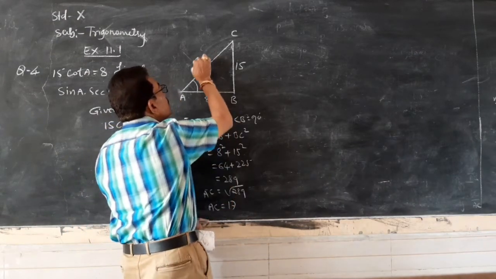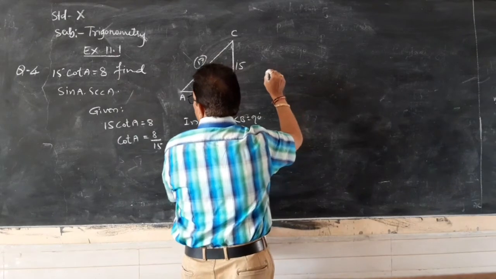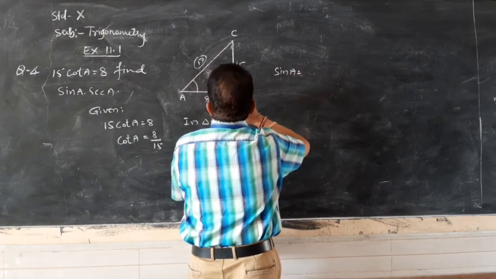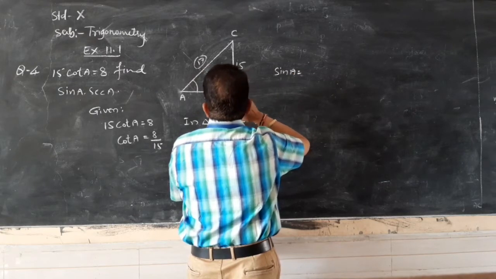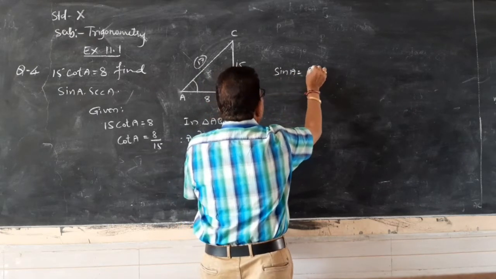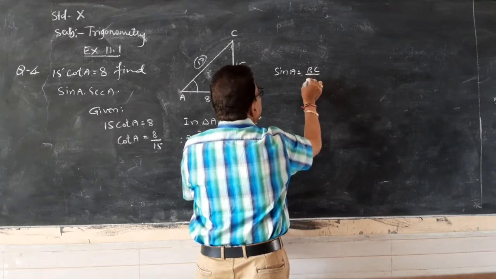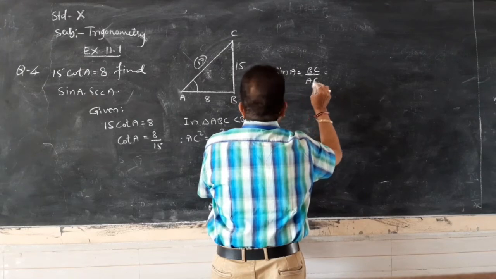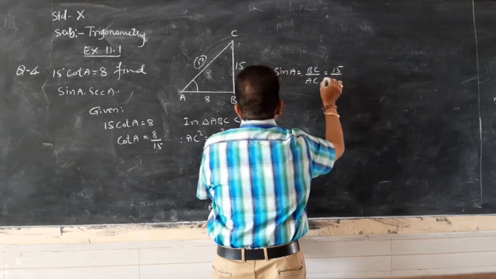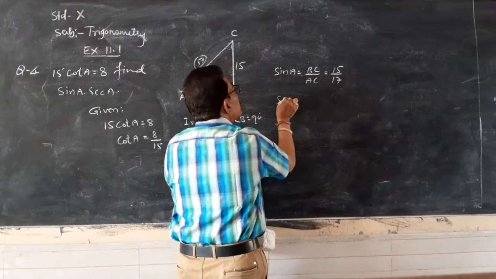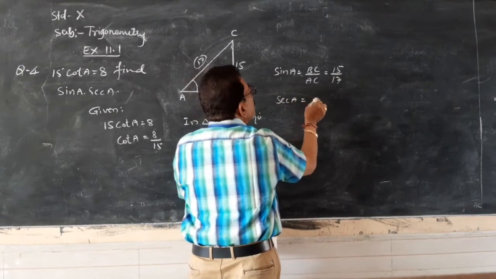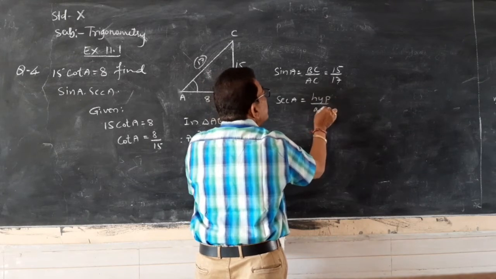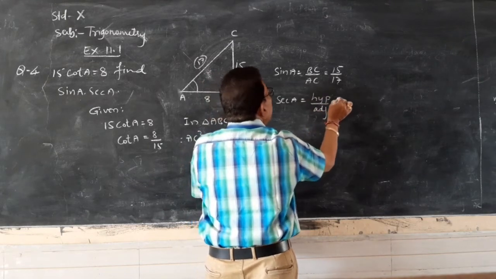AC equals 17. Now, that is sin A. Sin A equals opposite side divided by hypotenuse, that is AC. That is BC equals 15 divided by 17. Then sec A equals hypotenuse divided by adjacent side.